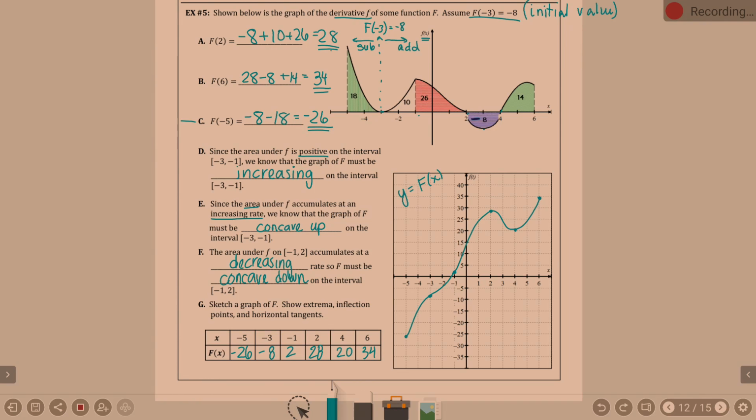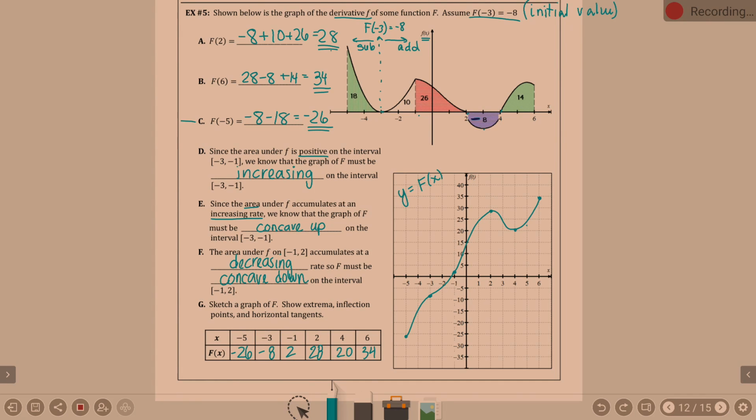No, it's at mins and maxes. At mins and maxes, yes. Horizontal tangents could occur right here, right there. So what's -3, -8? Inflection point, maybe? Did our concavity change? Yeah. Our concavity changed, so that's an inflection point. That's not necessarily a horizontal tangent. Then that's a min and a max because it's an inflection point?